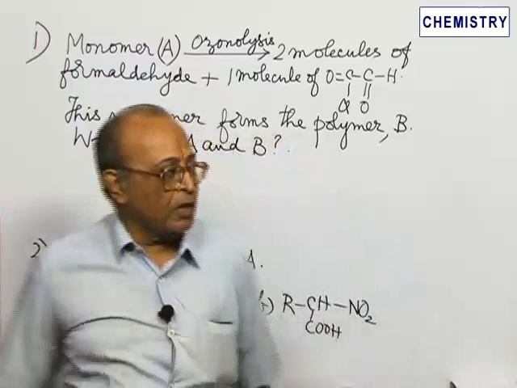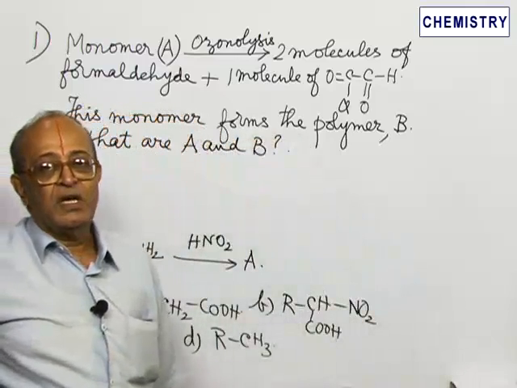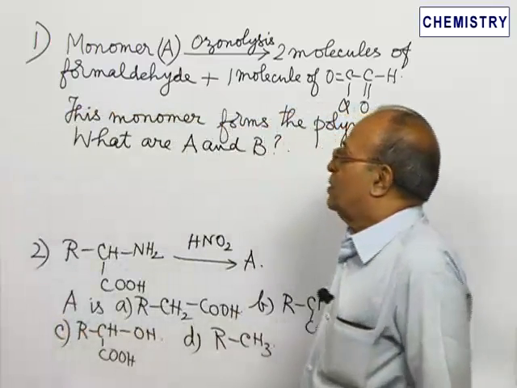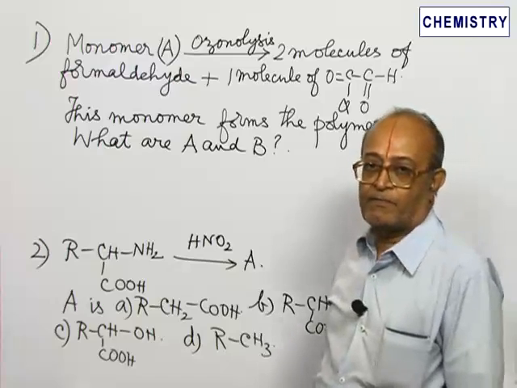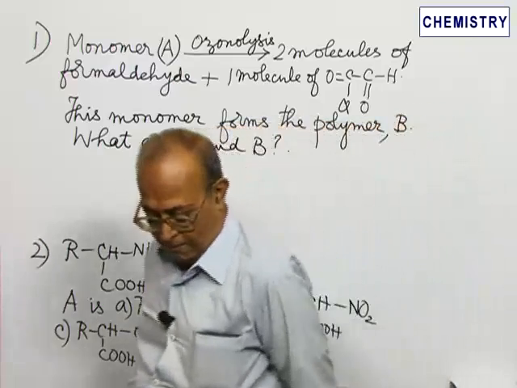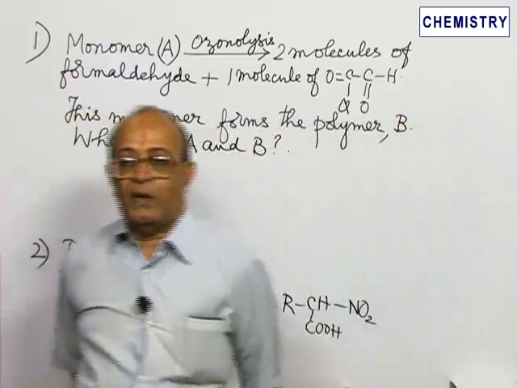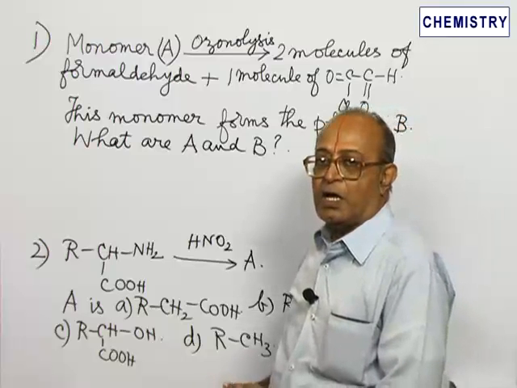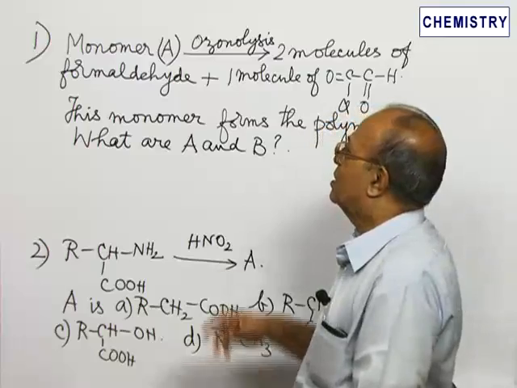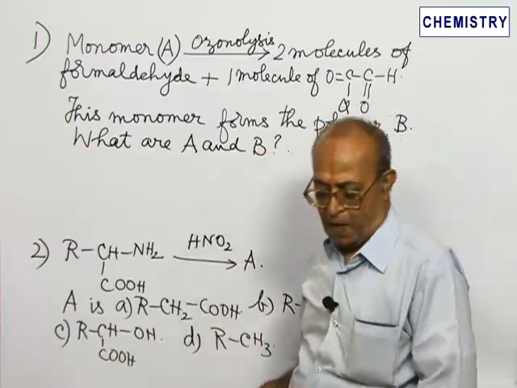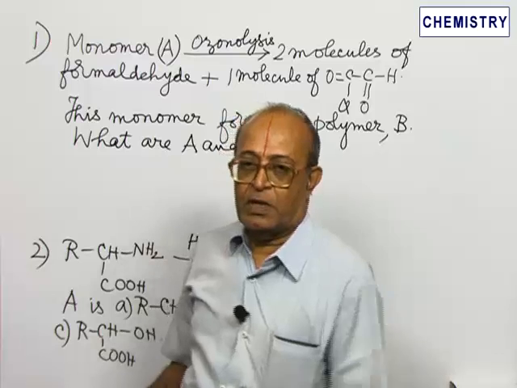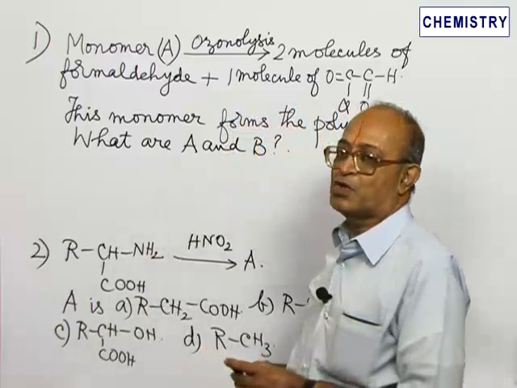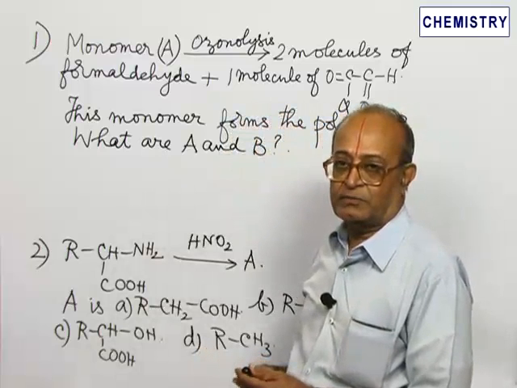Now, this monomer forms a polymer B. What are A and B? So, this question in one way is simplified in this fashion. A large number of monomer A undergo polymerization to form B. In order to find out this monomer A, the products of ozonolysis you have to consider.